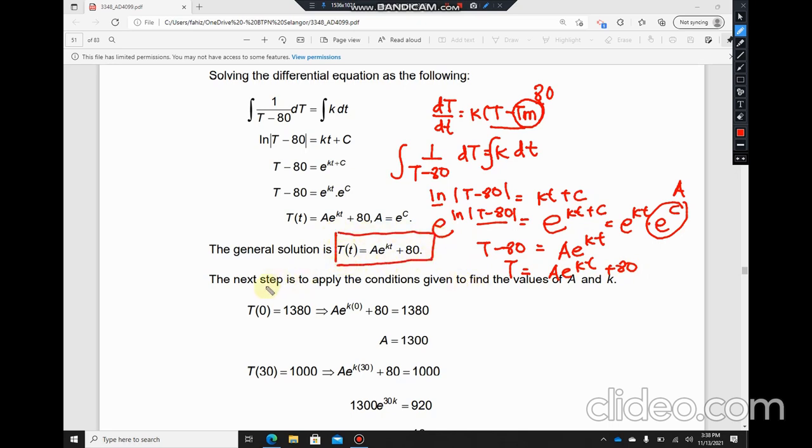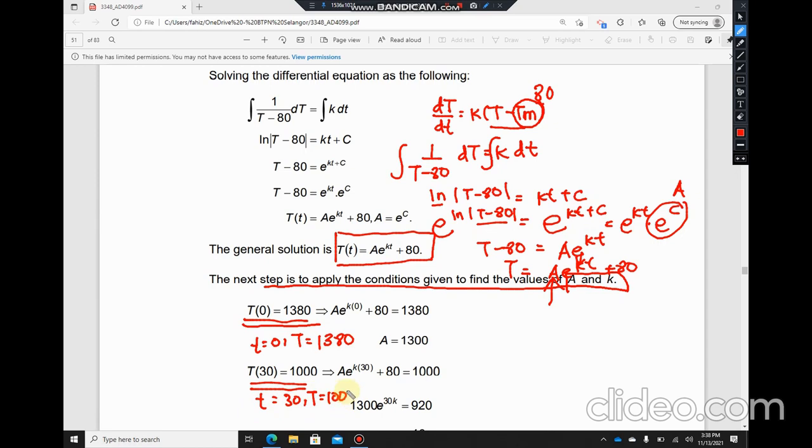The next step is to apply the conditions given to find the values of A and k. Our aim is to get the values of A and k from these two pieces of information: when t equals 0, the temperature is 1380, and when t equals 30, the temperature is 1000.